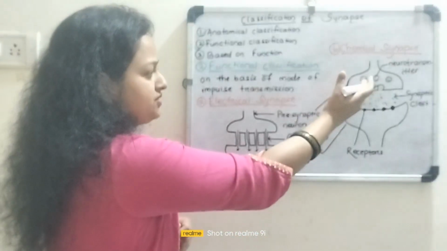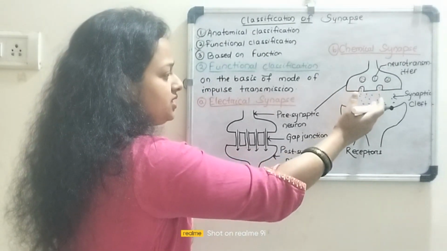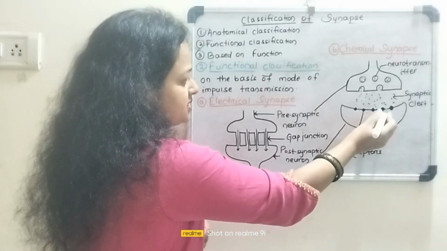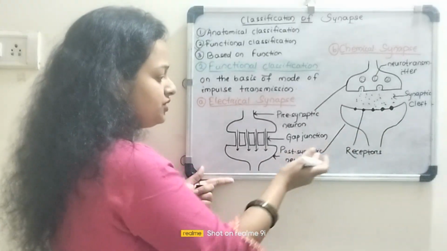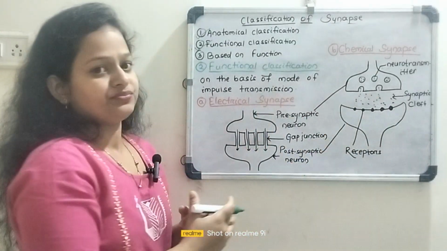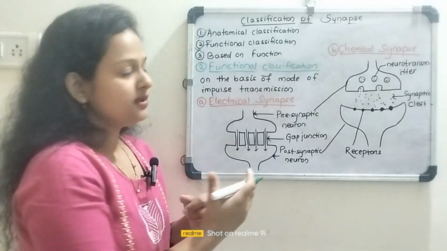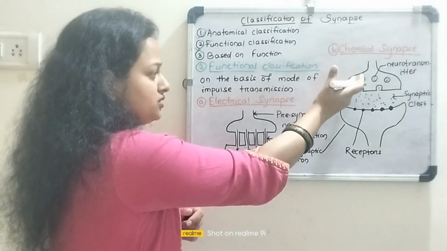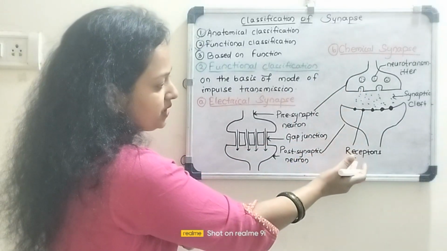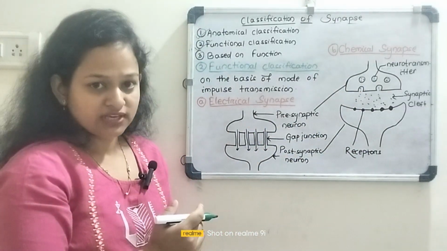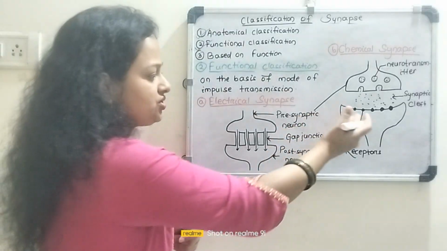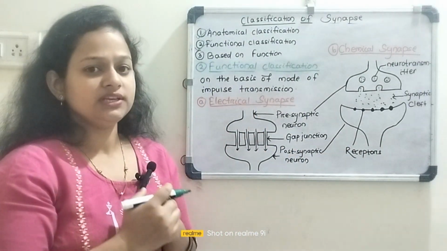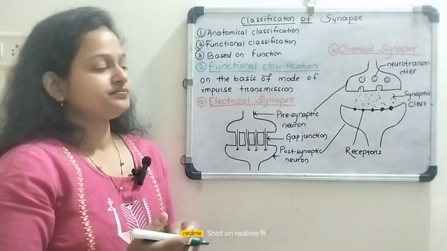When the neurotransmitter is released to the synaptic cleft, it binds to the receptors present on the surface of the postsynaptic neuron. So, in this way, the neurotransmitters transmit from the presynaptic neuron to the postsynaptic neuron in the form of a chemical, and when it reaches the postsynaptic neuron, again it changes into the electrical impulse.